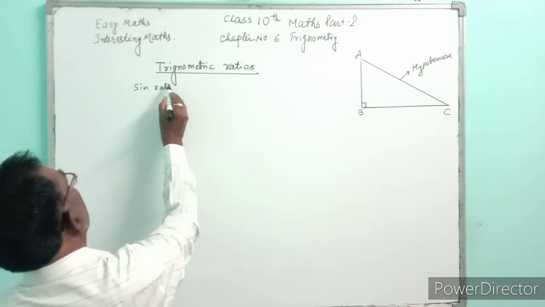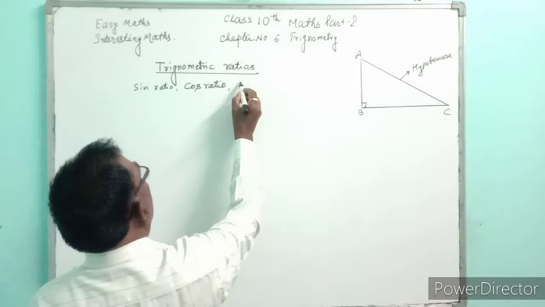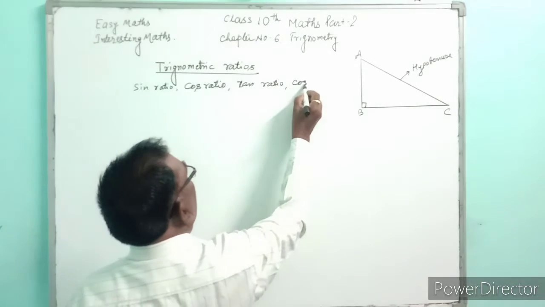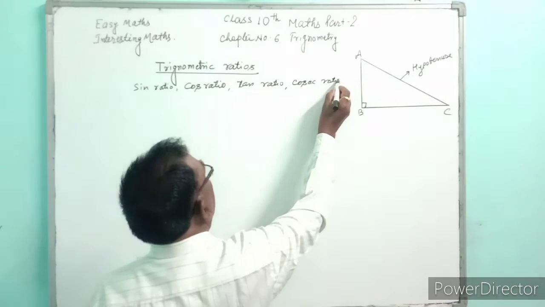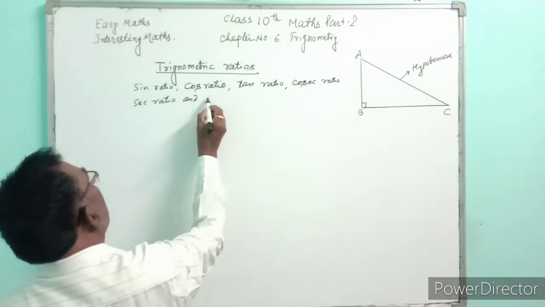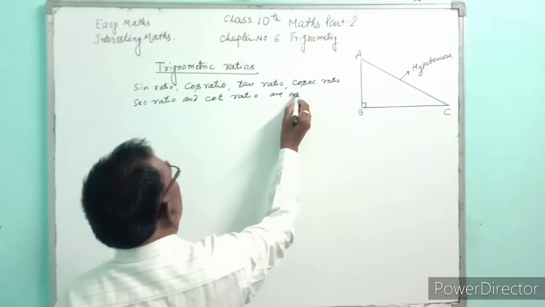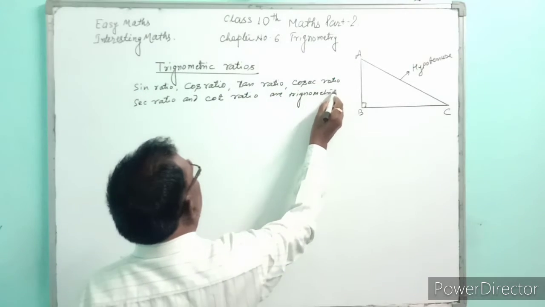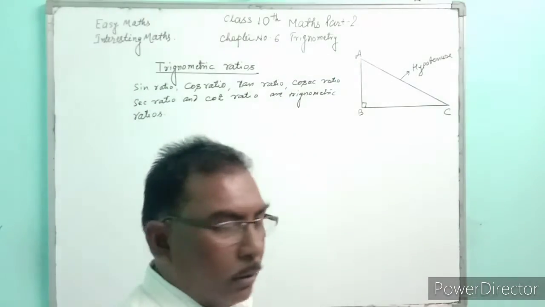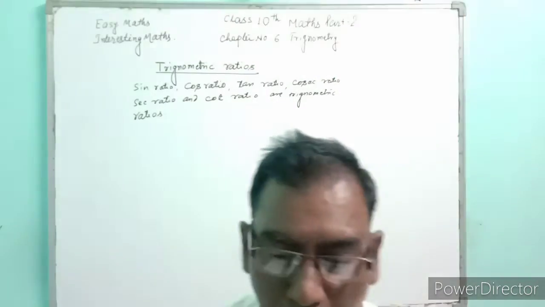Sine ratio, cos ratio, tan ratio, cosec ratio, sec ratio and cot ratio are trigonometric ratios. Now we see them one by one.